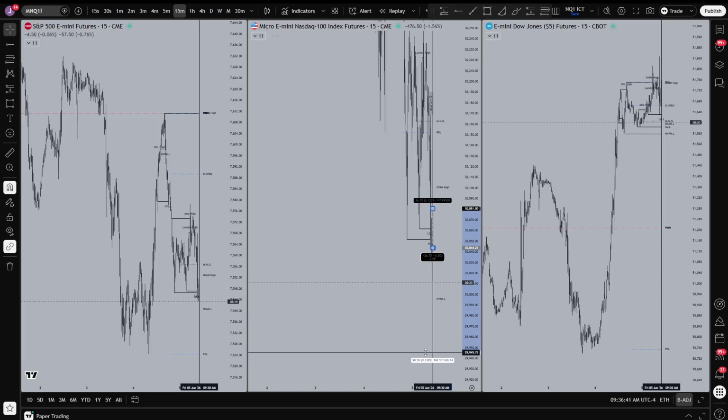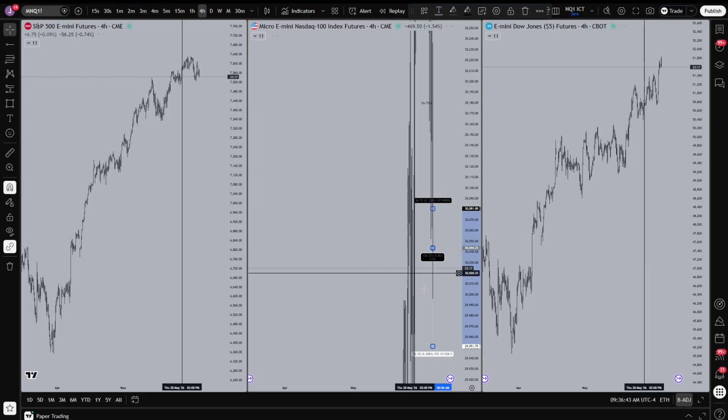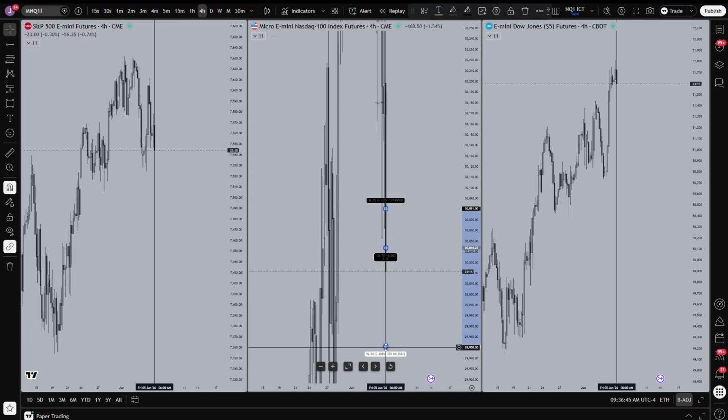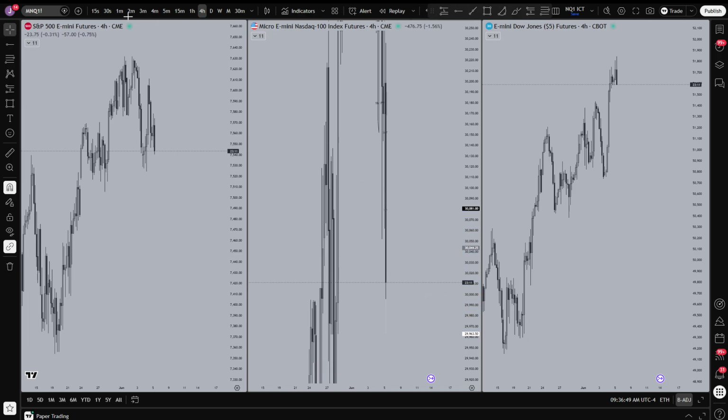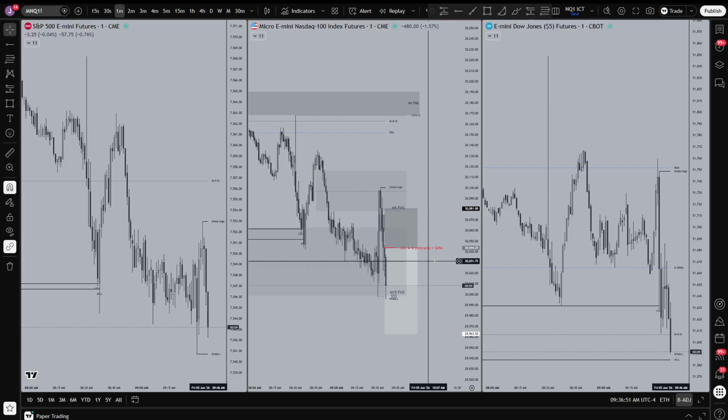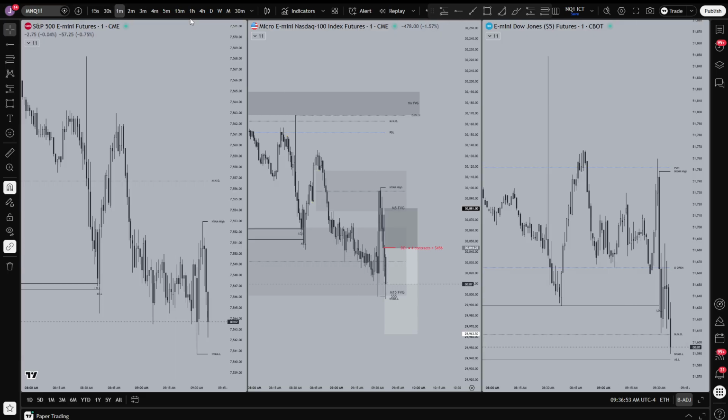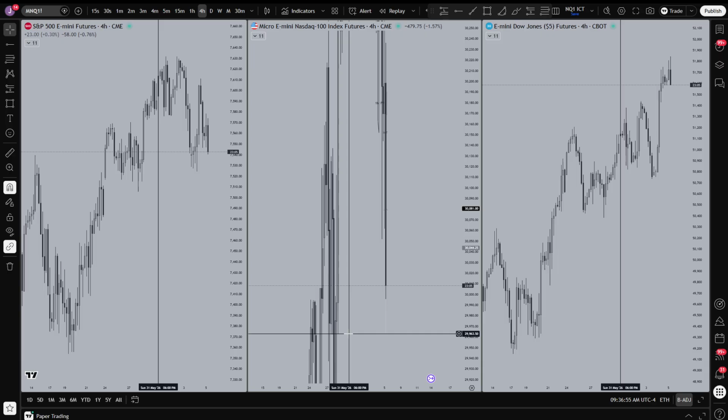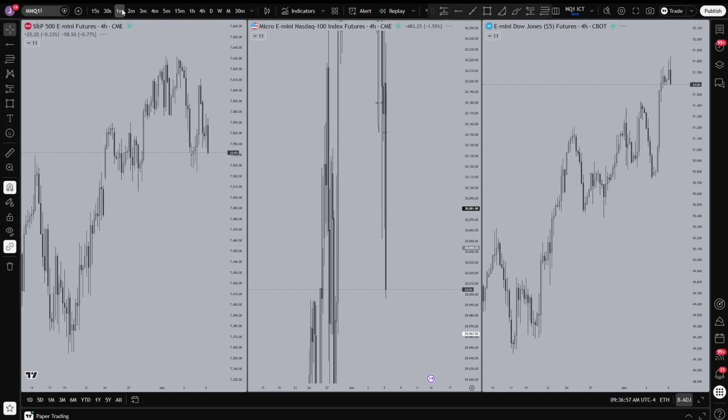It's pretty far, but there was 962. I'm gonna target right here. What's there? 4 hour, just a 4 hour low right there.